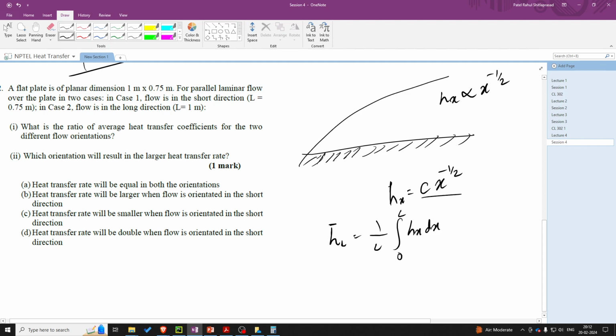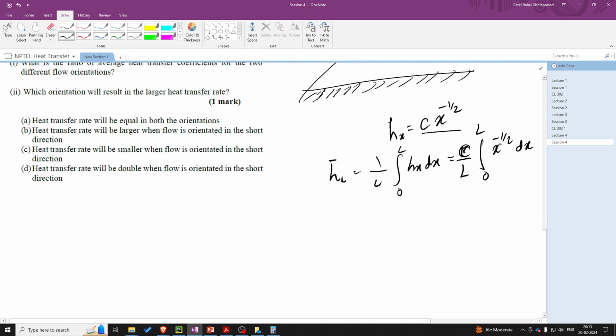We need to replace this over here, and it will become c upon L, c being constant, integral from 0 to L of x raised to minus half dx. If we integrate it, it will become x raised to minus half plus 1, upon 1 by 2, and c upon L, and the limits are from 0 to L.